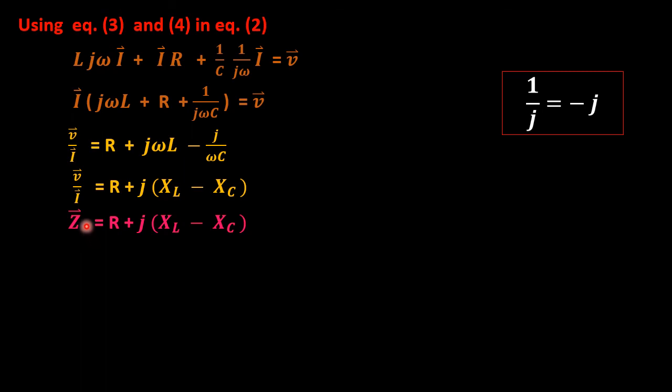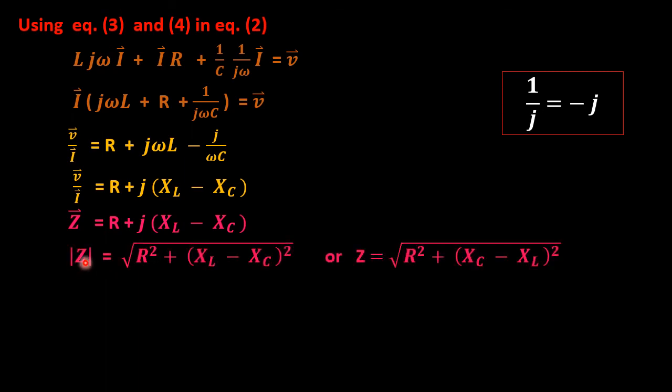In order to find the magnitude of this impedance, we find the modulus of Z. So modulus of Z equals under root R square plus XL minus XC whole square, which can also be written as Z equals under root R square plus XC minus XL whole square.